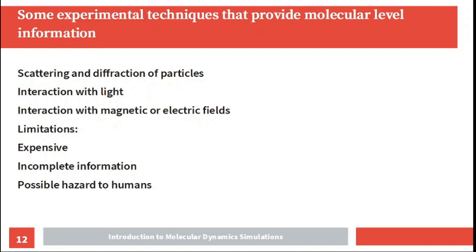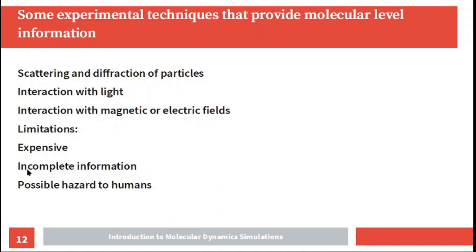These are very large, very expensive facilities. Even for electric fields, you can imagine they might not be that expensive, but if you want molecular level information, you need the ability to measure these electric or magnetic fields with very high sensitivity. So that makes these experiments very expensive.